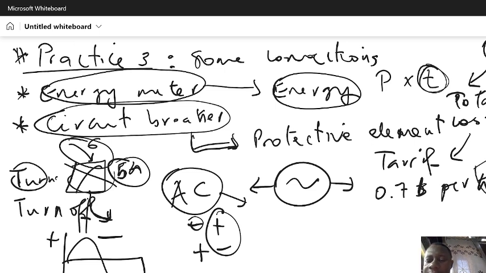So I know that 1 kilowatt hour costs $0.7. If my energy meter displays 32 kilowatt hour, I can directly determine the cost I have to pay by 0.7 multiplied by 32.